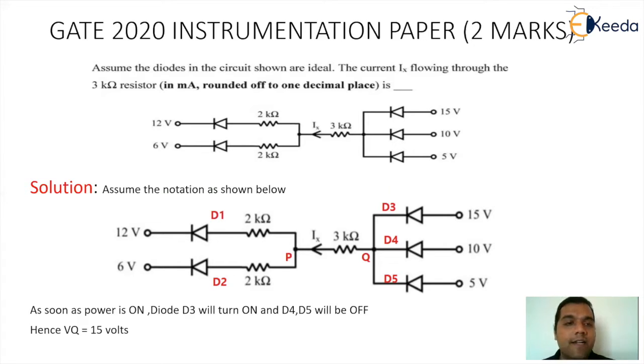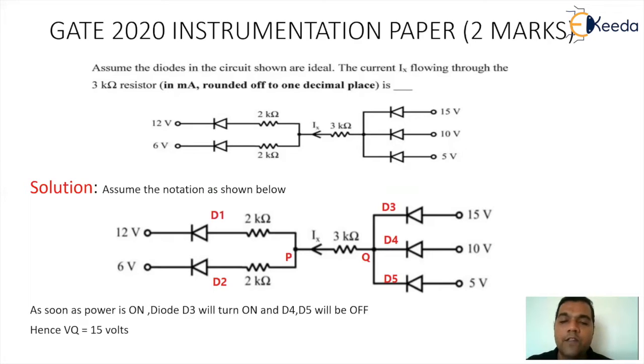So we are given a circuitry here. There are 3 diodes on the right hand side and 2 diodes on the left hand side. The potentials are 15 volt, 10 volt and 5 volt, and 12 volt and 6 volt on the left hand side. So the 3 kilo ohm resistor is somewhere in the center.